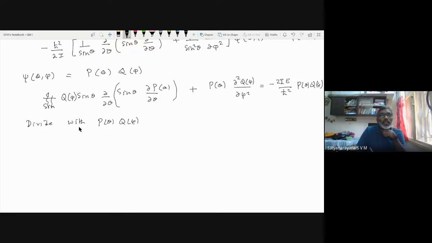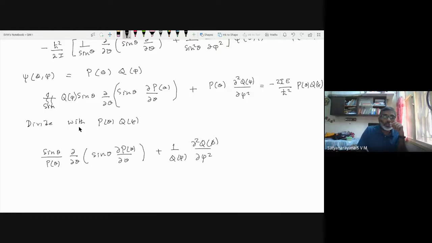Then I will have sine theta divided by P of theta into dou by dou theta into sine theta dou P of theta by dou theta, plus 1 by Q of phi into dou square Q of phi by dou phi square.